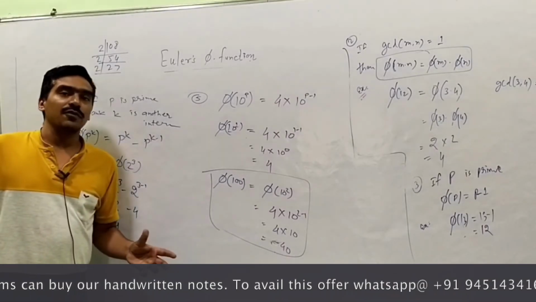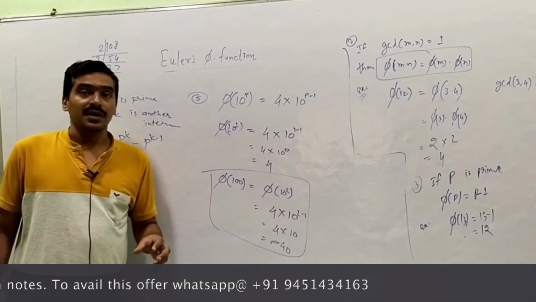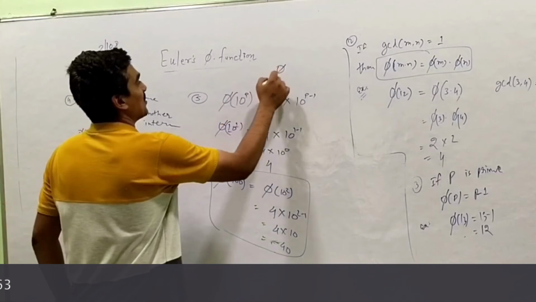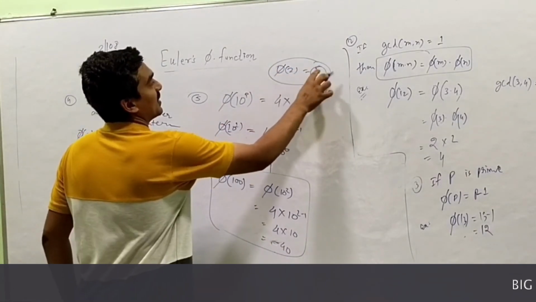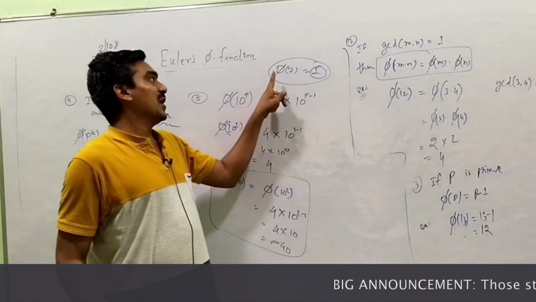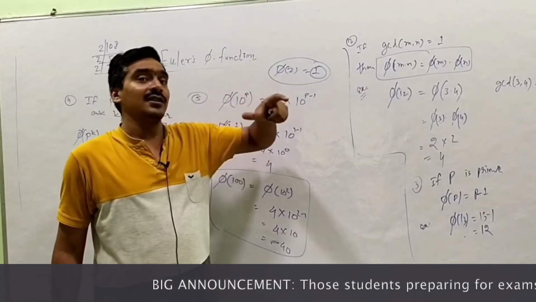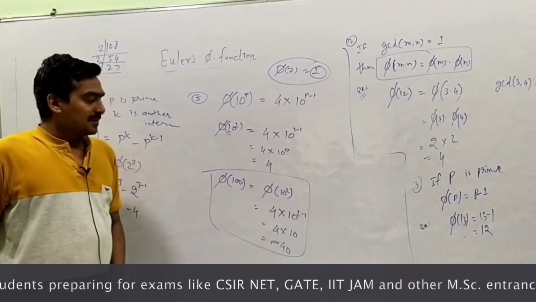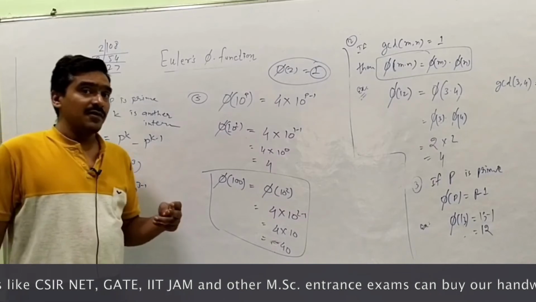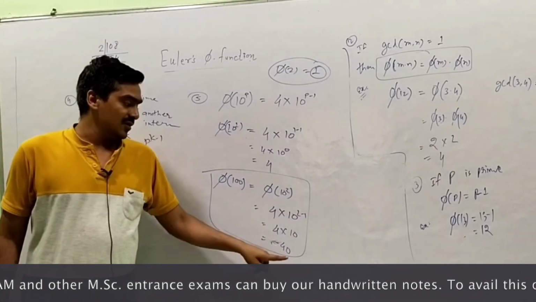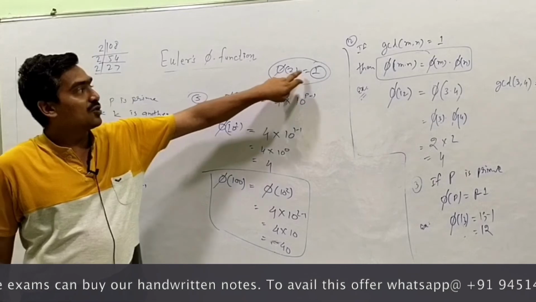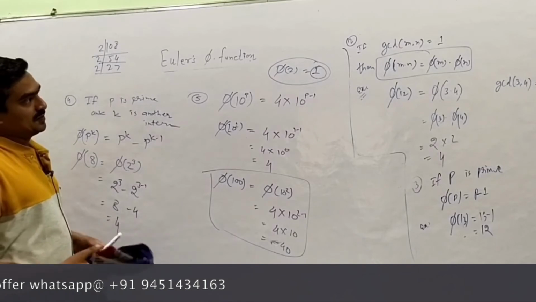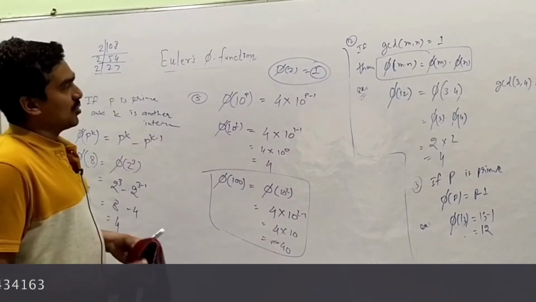All the values of the phi function are even except phi 2, because phi 2 is equal to 1, which is odd. For all integers except 2 you will get an even number. So this is Euler's phi function.